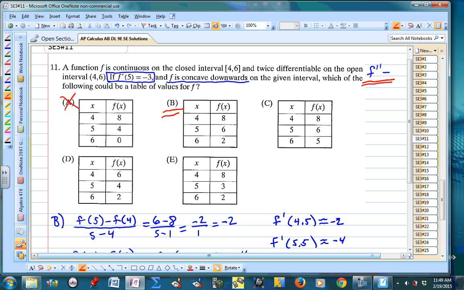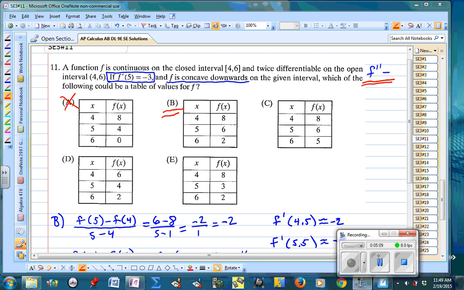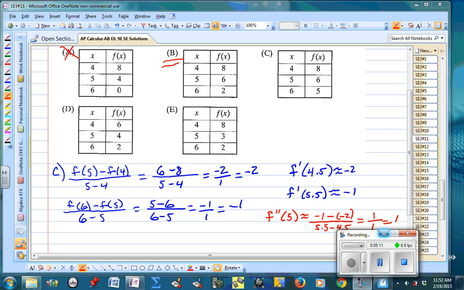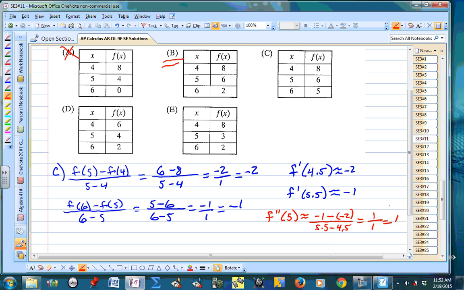Let's do a little more investigation. Running a similar analysis to the data in table C, we can see that our second derivative is going to be approximately a positive 1. If our second derivative is positive, then our function is not concave downward, so table C is out.